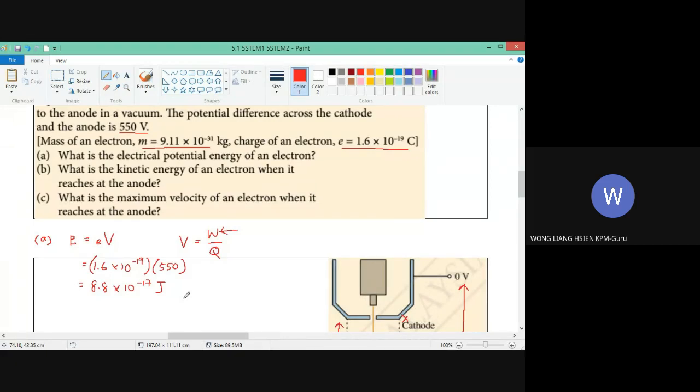Another unit that we can use is the unit of electron volt. This is a unit of energy. We read it as electron volt.